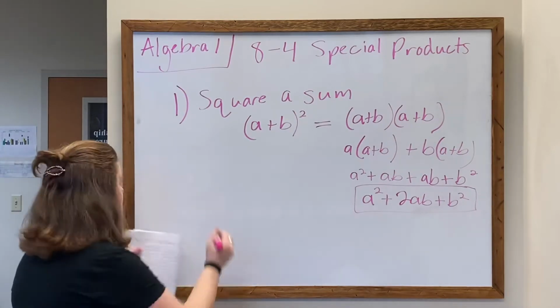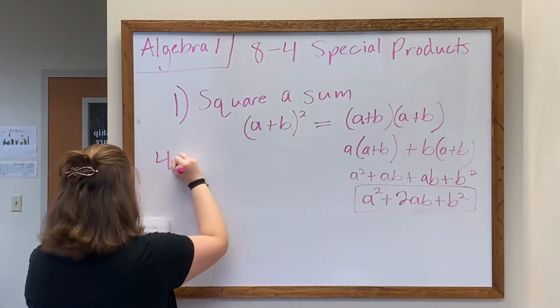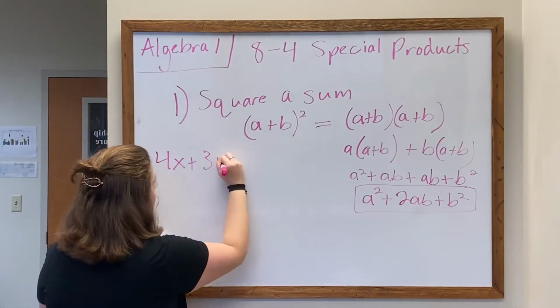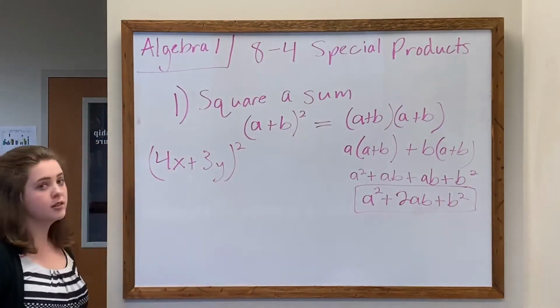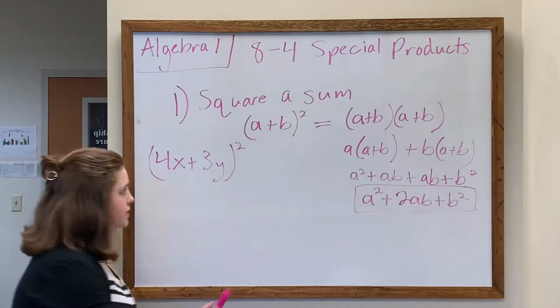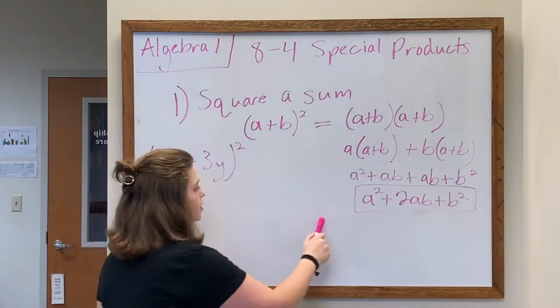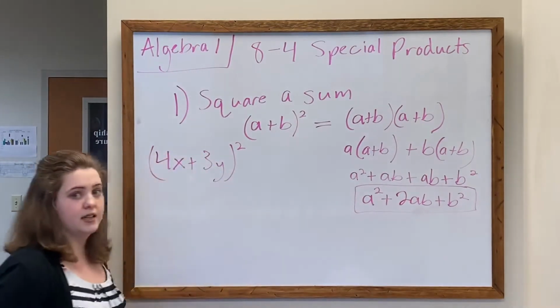So even if I said (4x plus 3y) squared, all I have to do is take each of these terms and put it in this formula.